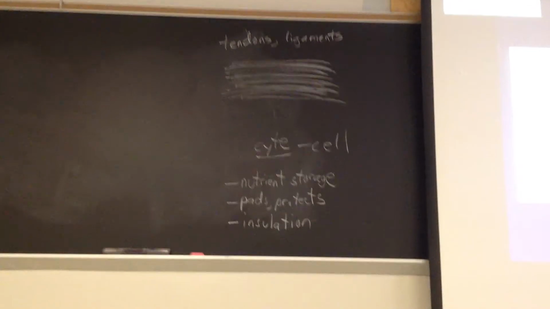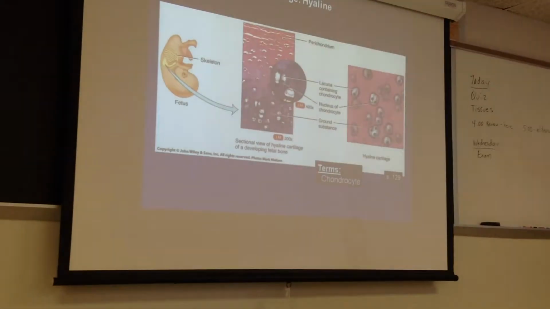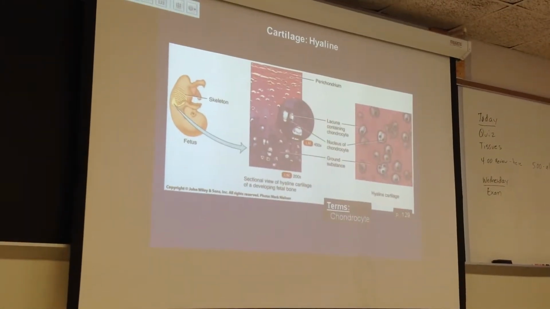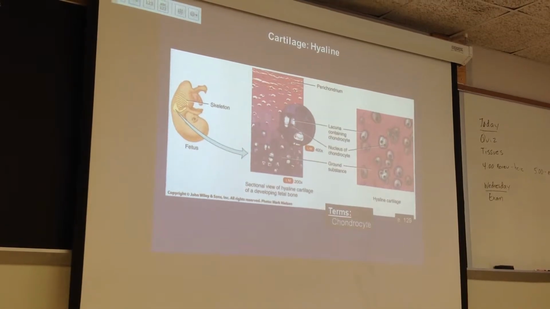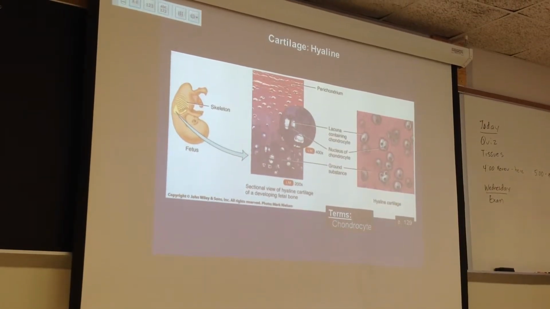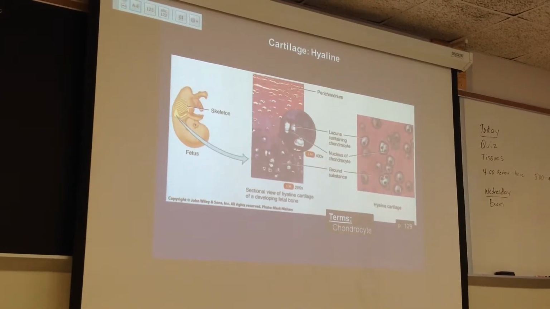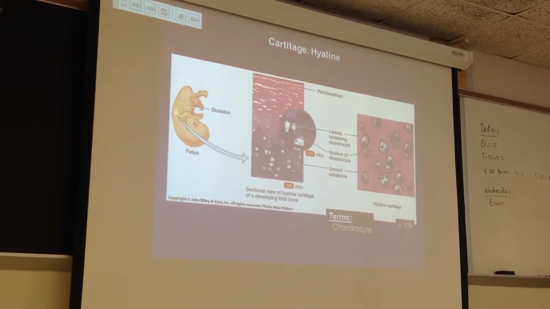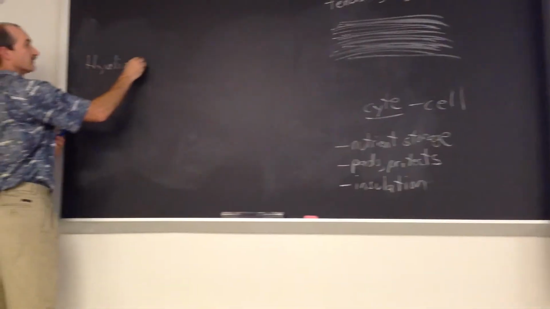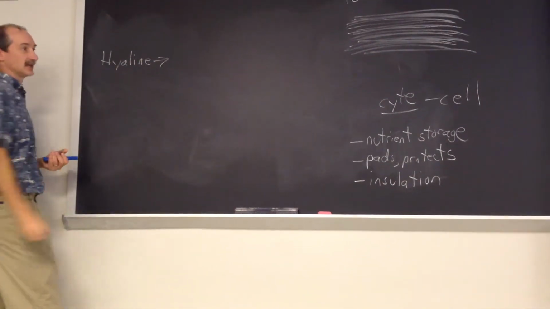The ground substance is kind of a quasi-watery to rubbery or gel-like material. It's fairly compression resistant, so this is stronger than some of the other tissues, particularly resisting compression. But we're going to differentiate three kinds of cartilage, and they're going to vary according to the kind of matrix they have.